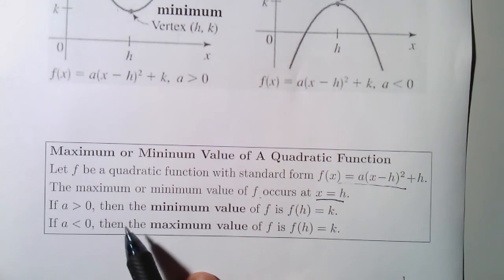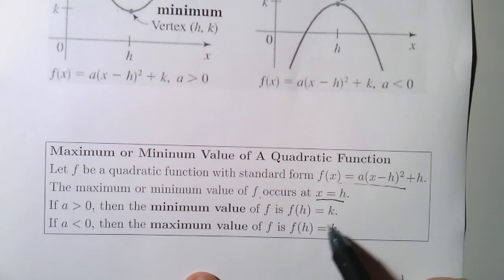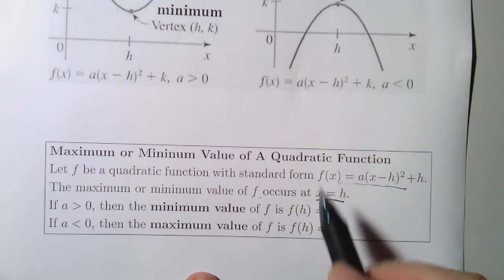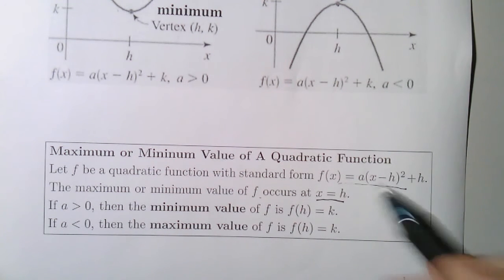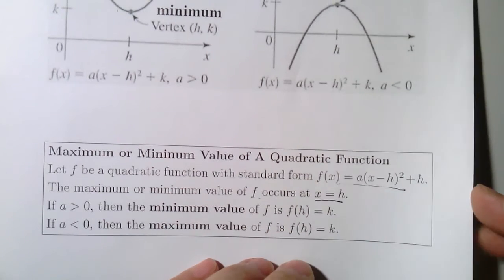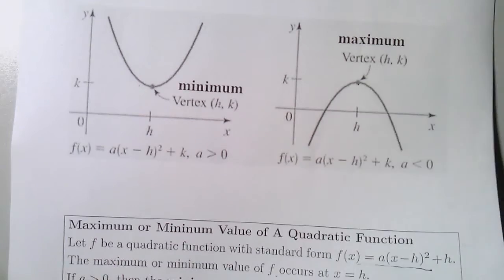If a is less than 0, the function has a maximum. Both occur at h, which means it really occurs at the vertex. That roughly gives you the idea why we want to talk about the standard form.